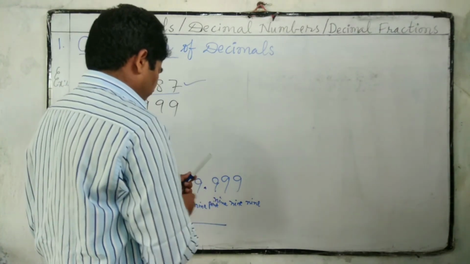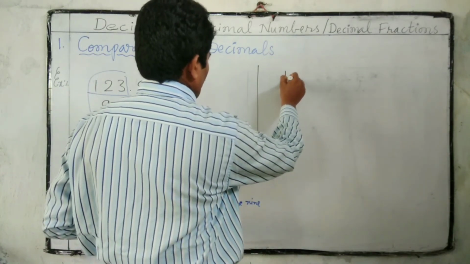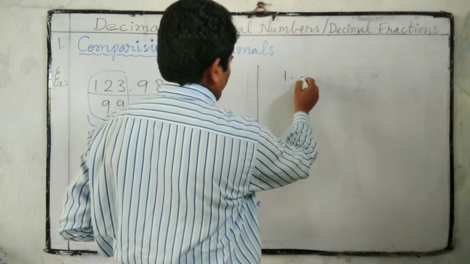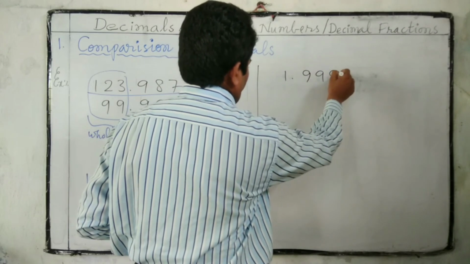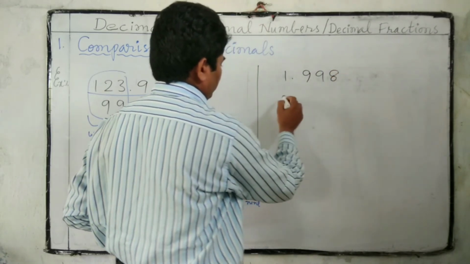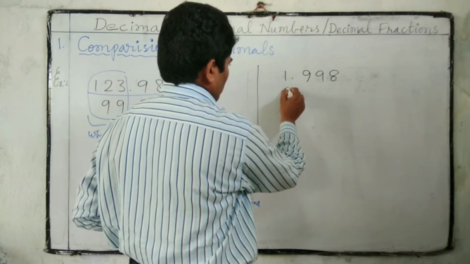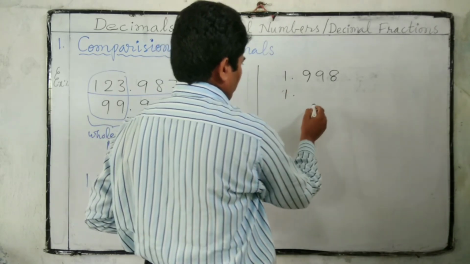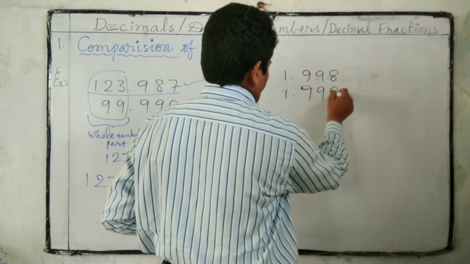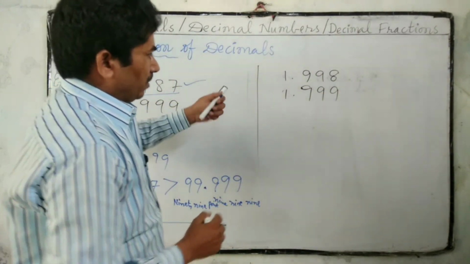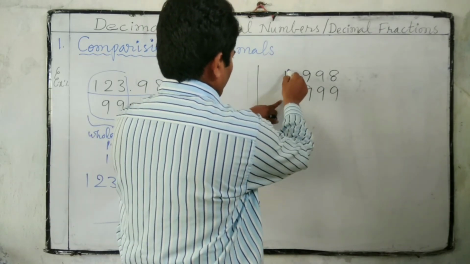One more example. 1.998, 1.999. First we have to compare whole number part. These are same.